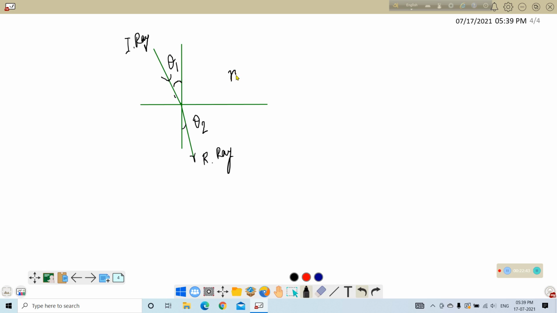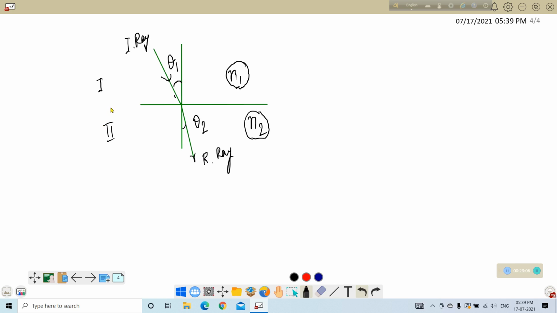The Ri of this medium is equal to N1, and the Ri of this medium is equal to N2. Ri means the absolute Ri. This is medium number 1, and this is medium number 2.